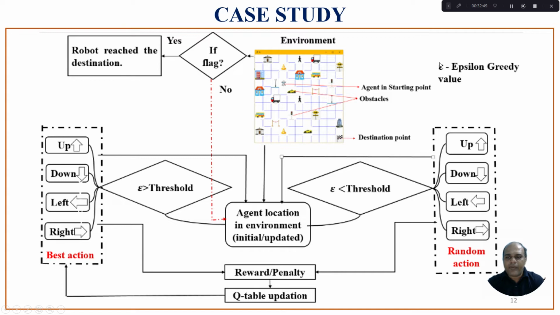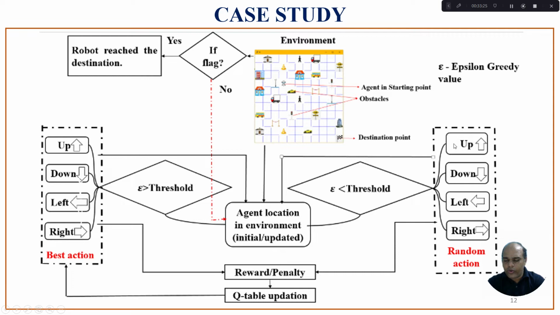So I am going to take an epsilon. For 90%, if my epsilon is greater than 90%, we can set any value. If it is greater than 90%, I am going to do a Q table based update. If the epsilon is less than 90%, then I am going to take a random action. So the random action selection will be done by our Q-learning technique, and the best action will be selected based upon the SARSA algorithm, right?